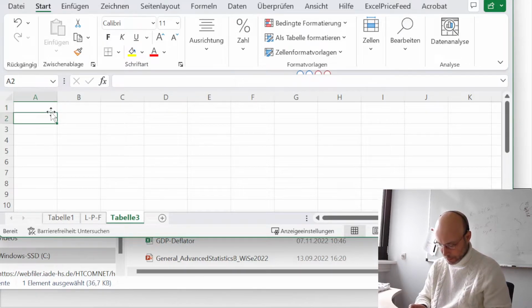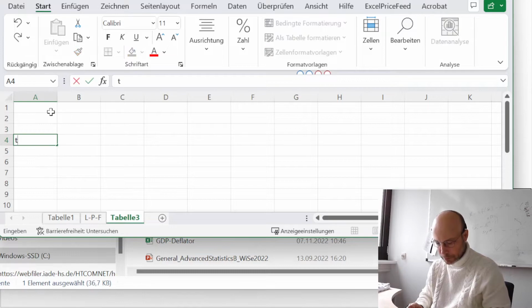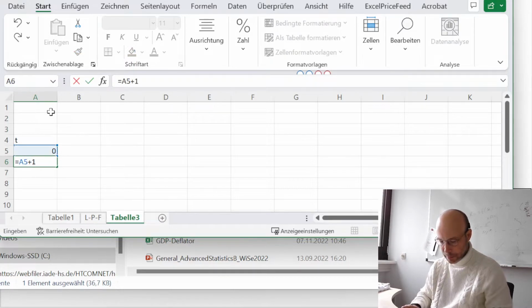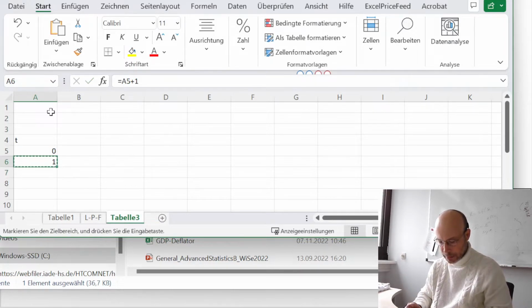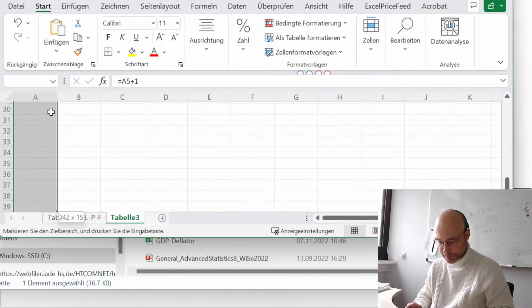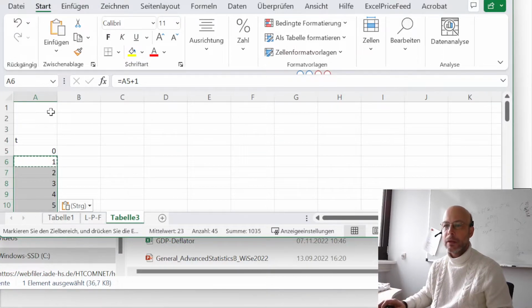So we take some time t, start at 0 equals 1 plus 1, and let's take roughly 50. You see this still? Yeah.